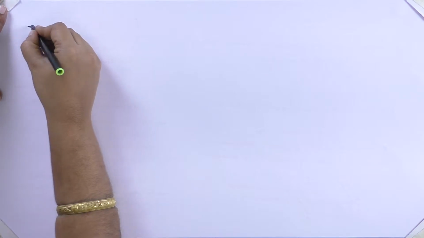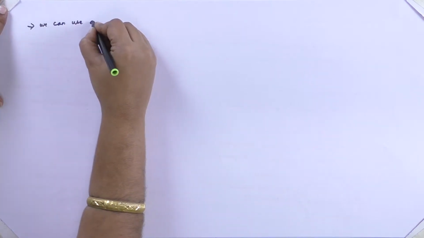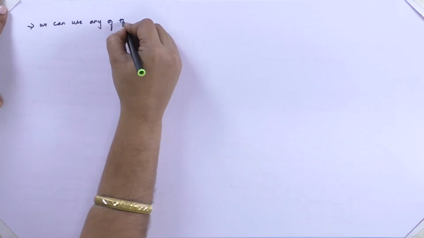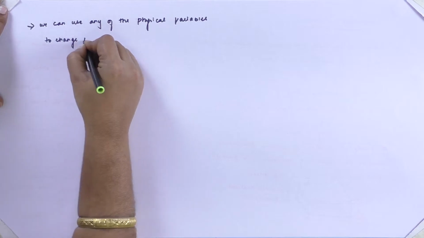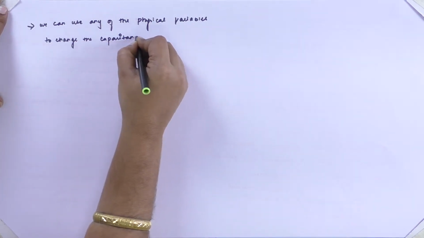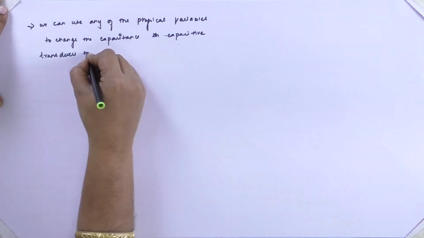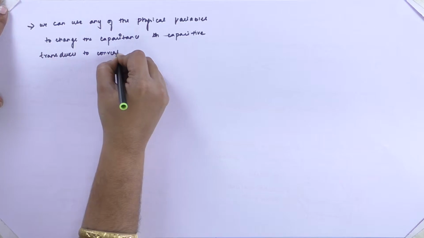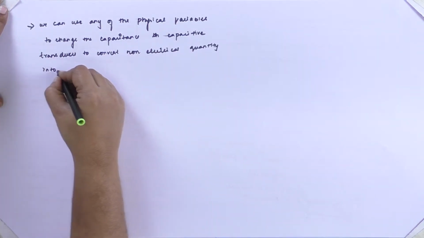So in capacitive transducers, we can use any of the physical variables to change the capacitance in the capacitive transducer to convert a non-electrical quantity into an electrical quantity.